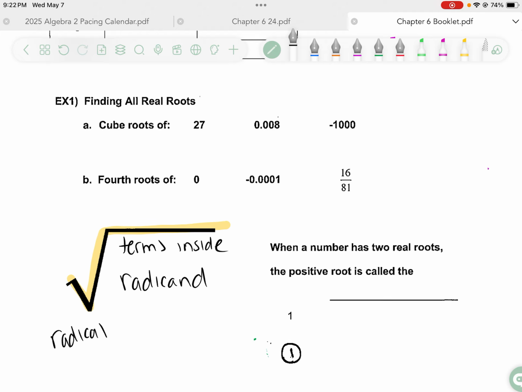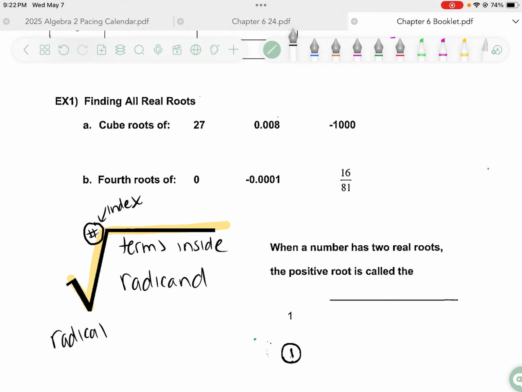Now the most important part here is we're going to start seeing little numbers out here, which we've kind of seen with the cubic roots already. But those little numbers, those are called the index. Okay, so when I refer to the index, I'm referring to that little number on the outside, and that just tells us what kind of root we are taking.